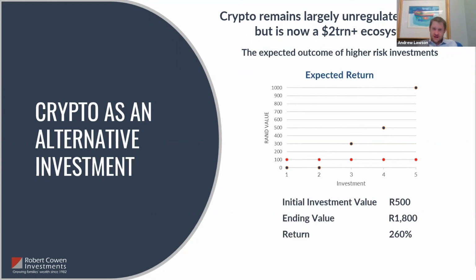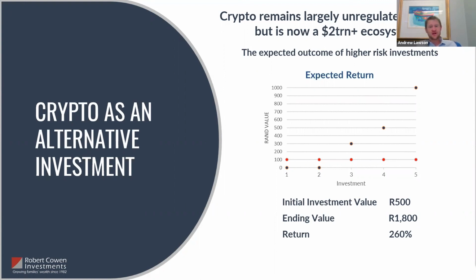What I've done here is I've taken a selection of 5 different investments, out of the thousands of different cryptos out there, but you can go and do some research, and once you're comfortable with a handful of them, if you were to take 5 investments and invest 100 Rand into each of them, and 2 of them went to zero, which is highly unlikely because if something started going down towards zero, you'd probably sell and recoup some of your money. But let's assume two of them go to zero.